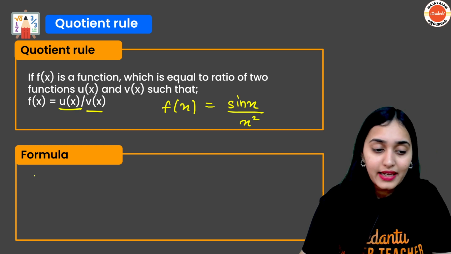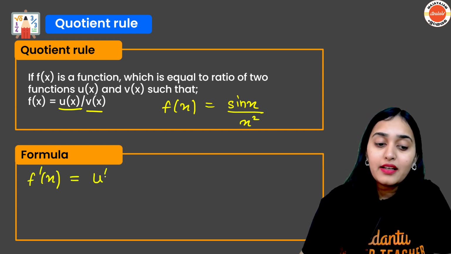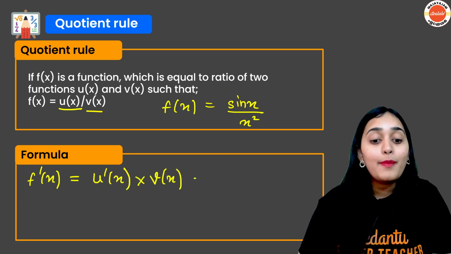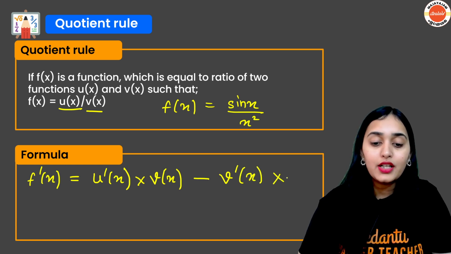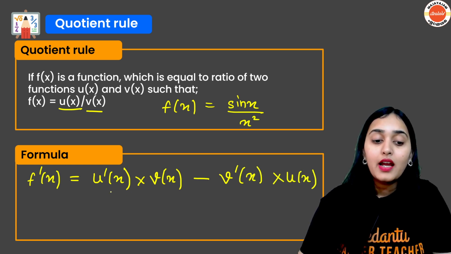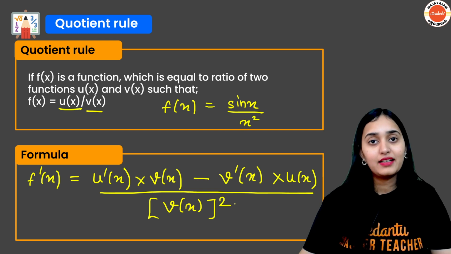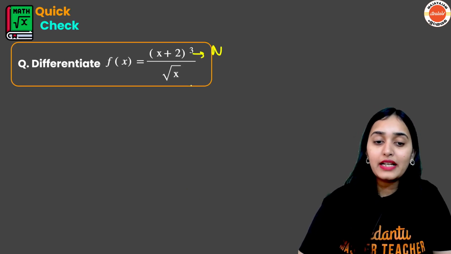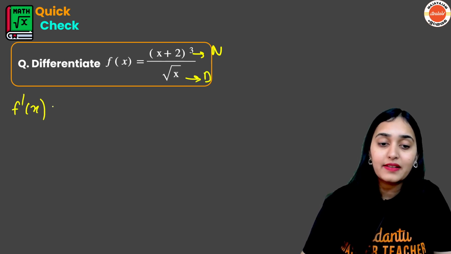The formula is f dash of x is numerator differentiation into denominator minus denominator differentiation into numerator, divided by denominator whole square. Okay, let's do one question. So this is your numerator, this is your denominator. How will you find f dash of x?